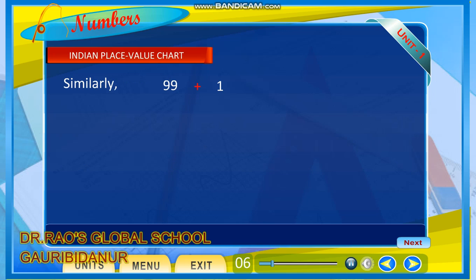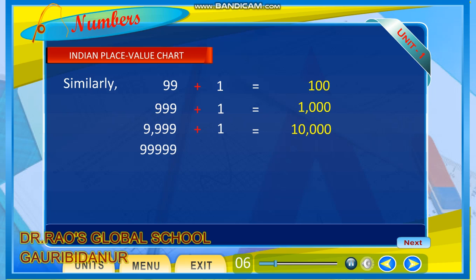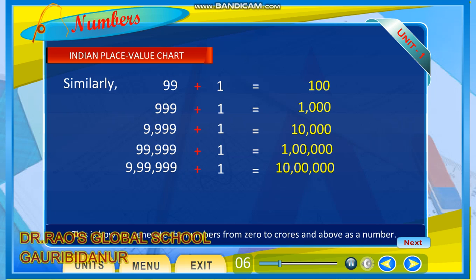Similarly, 99 plus 1 equals 100, 999 plus 1 equals 1000, 9999 plus 1 equals 10,000, 99,999 plus 1 equals 1 lakh, 9,99,999 plus 1 equals 10 lakhs. This is how we generate the numbers from 0 to crores and above.